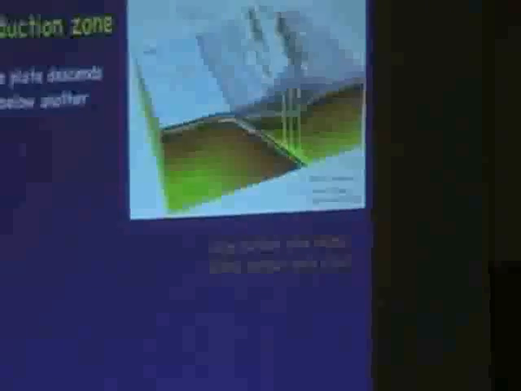Okay? The other important thing is you can imagine if you have 2 plates like this, with the subduction zone, where you can have earthquakes down to very, very deep, instead of only very shallow, there's a huge surface area that can break in an earthquake. The larger the surface area that can break, the greater the magnitude of the earthquake.